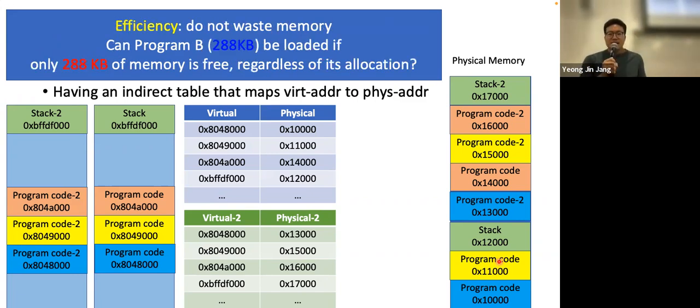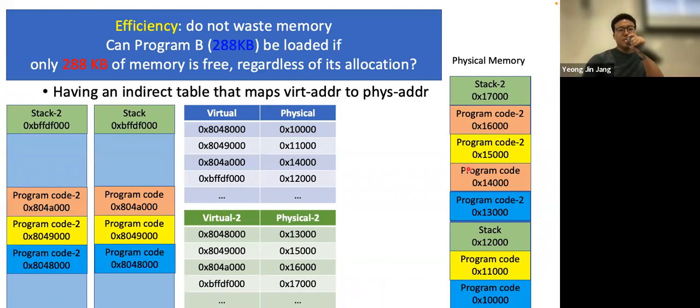And then next is about the efficiency. So there was a case that some part of the code needed to be contiguous in the physical memory model. But by using virtual memory, we can split this program code apart like this. So there is definitely fragmentation within the page granularity, even with virtual memory.